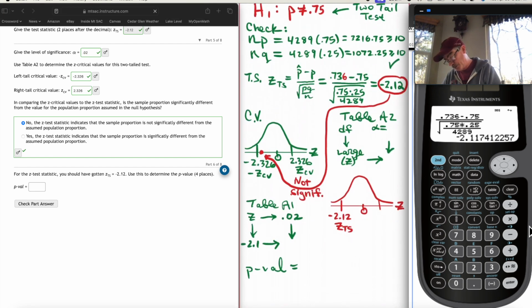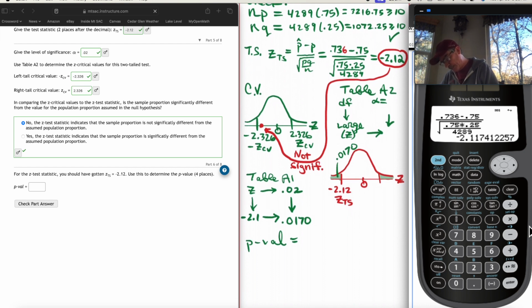Okay, so down here we noted a 0.0170. Okay, so that's the area on the left. I'm going to go ahead and shade these real quick. So we have a left tail and a right tail. It's a two-tailed test. Okay, so each tail is 0.0170. So the p-value is going to be twice that.